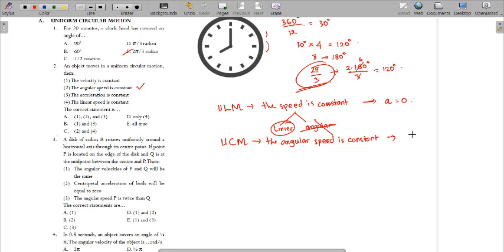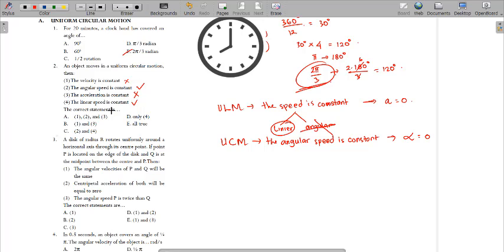So likewise the angular acceleration is also 0. What is angular acceleration? Acceleration for rotational motion we call angular acceleration. So the acceleration is constant, no, and the linear speed is constant, yes.